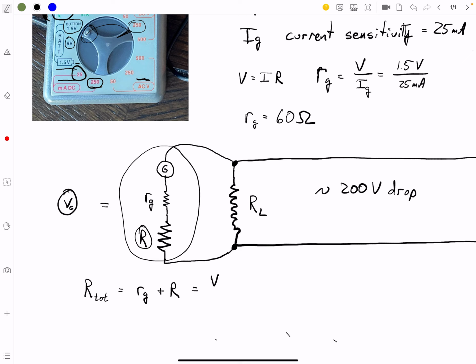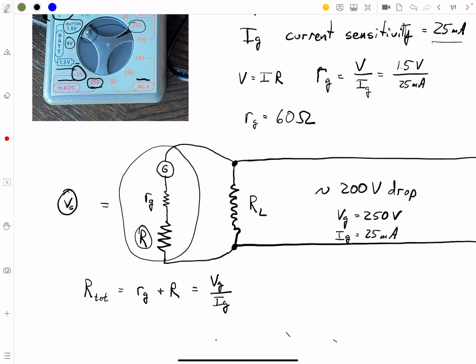So we selected VG equals 250 volts. And our current is our IG. And we've already said that IG is equal to 25 milliamps.